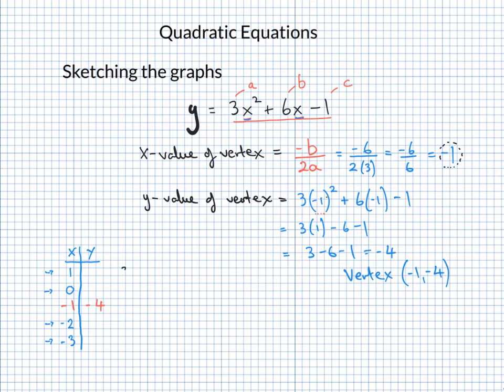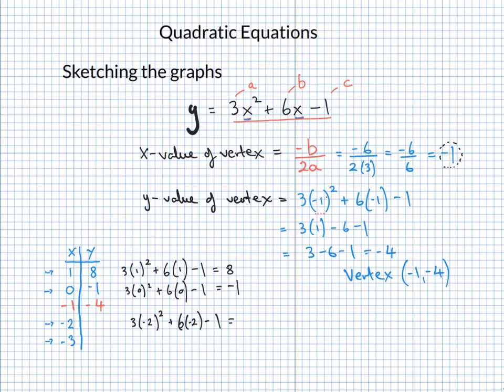So if x is 1, it becomes 3 times 1 squared plus 6 times 1 minus 1. And if you work that out, 3 plus 6 is 9, minus 1 is 8. So this is 1, 8. For x equals 0, it becomes 3 times 0 squared plus 6 times 0 minus 1. That's easy: negative 1. Now for negative 2: 3 times negative 2 squared plus 6 times negative 2 minus 1.